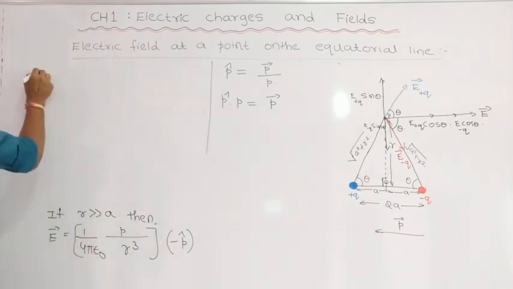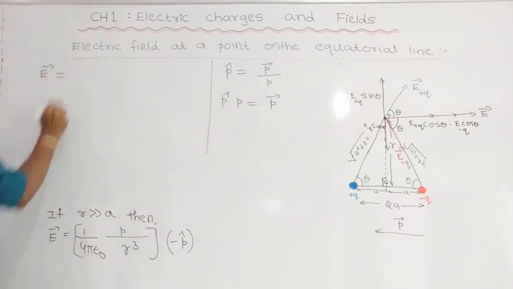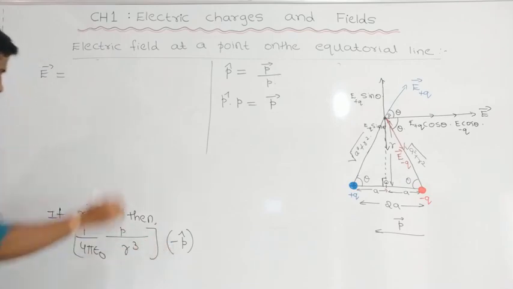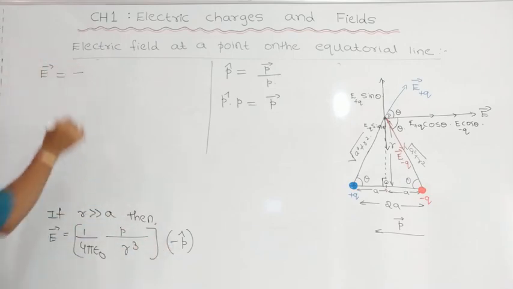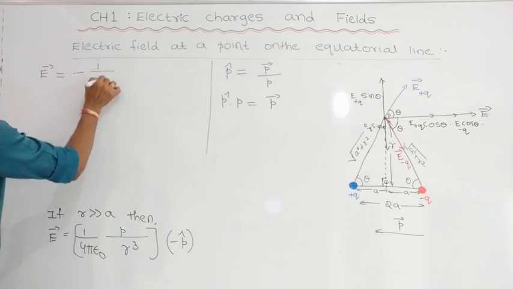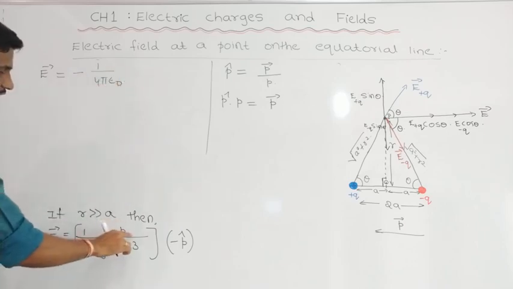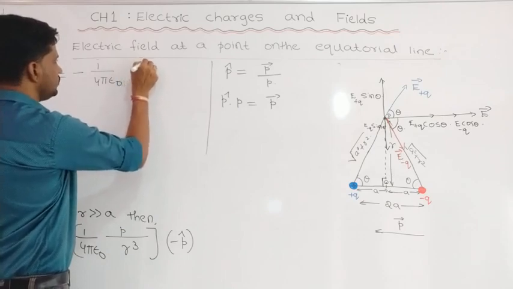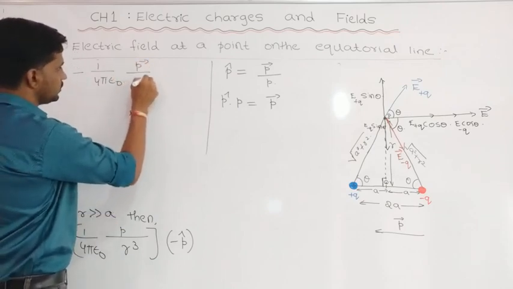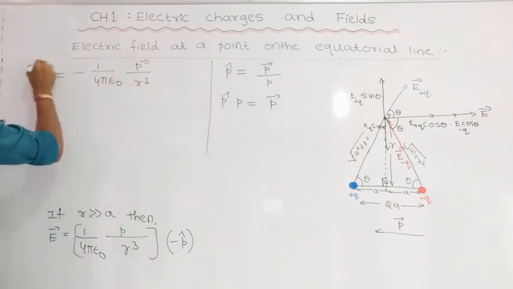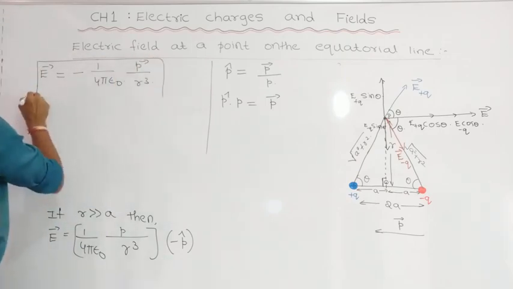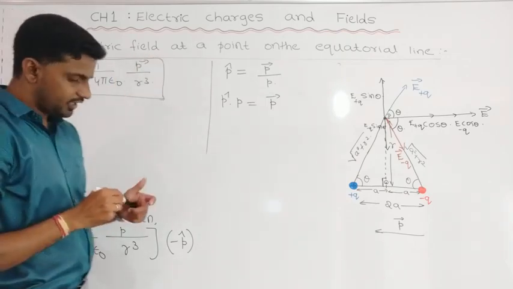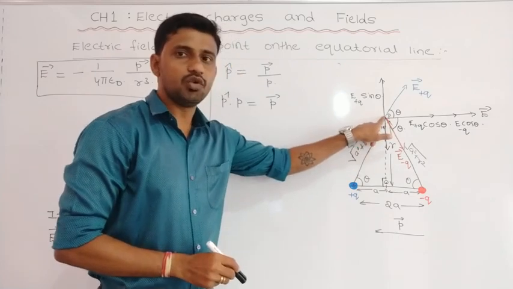Then this equation can be written as E vector is equal to, but one minus is there, so I am taking minus here, minus 1 by 4 pi epsilon naught P vector divided by r cube. Okay, so this is the expression for electric field at a point P on the equatorial line.